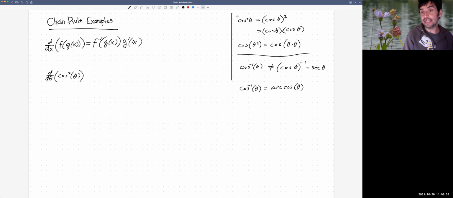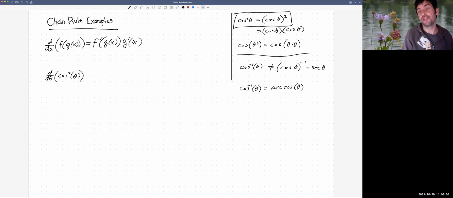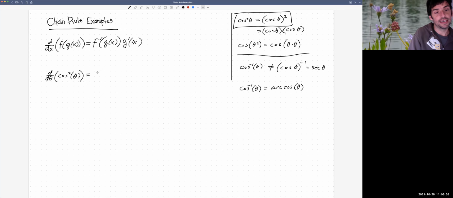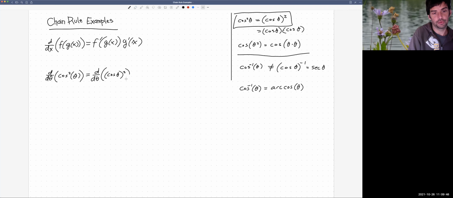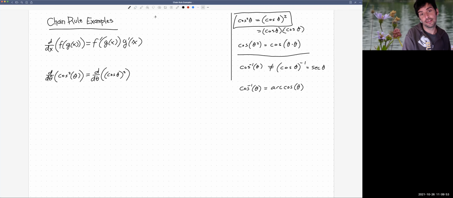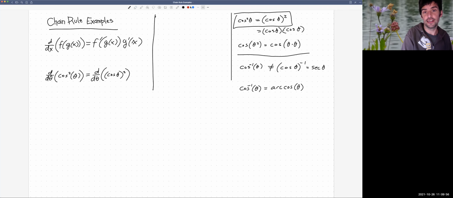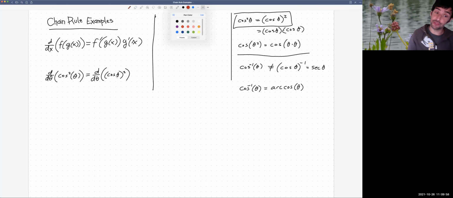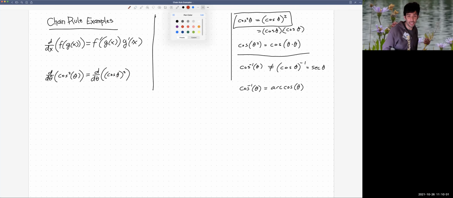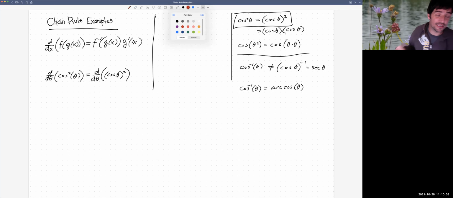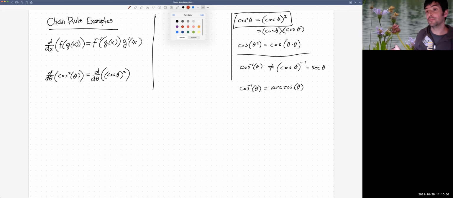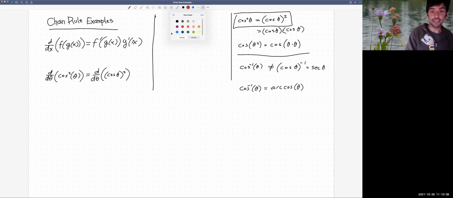So seeing this cosine squared theta this way makes it a little bit easier to see that this is a chain rule. So let's go ahead and write it this way: cosine of theta, squared. I like to do some work off to the side. I want to write my function. If I think I have a chain rule opportunity, then I should be able to write the thing I'm taking the derivative of as a composition of two or more functions. So let's see if that's true.